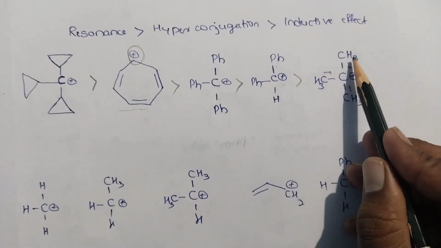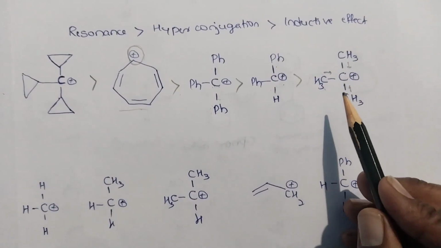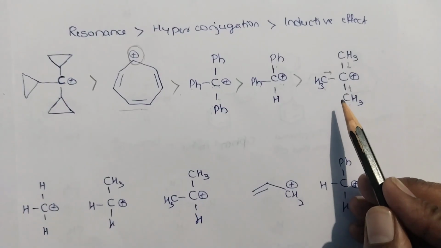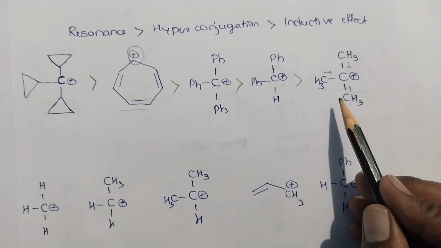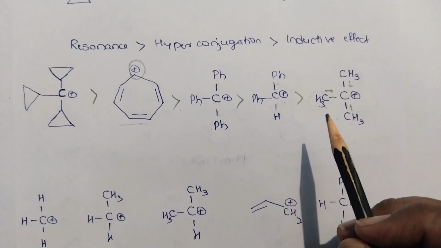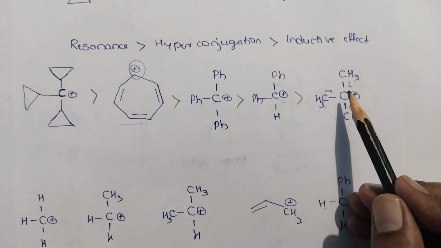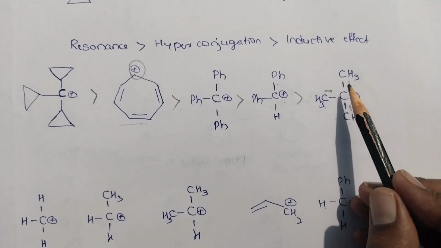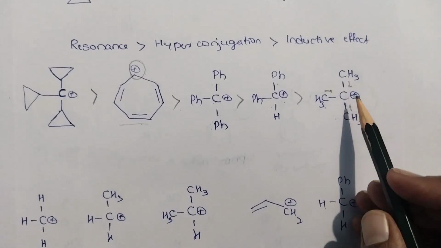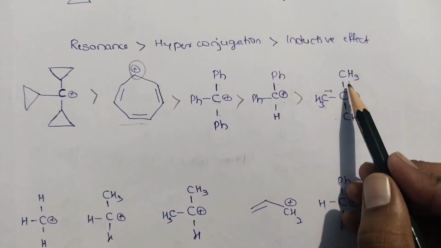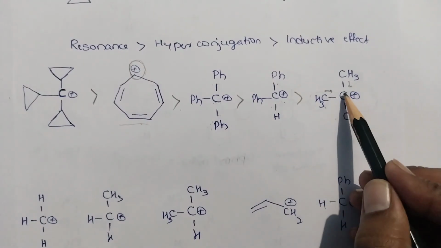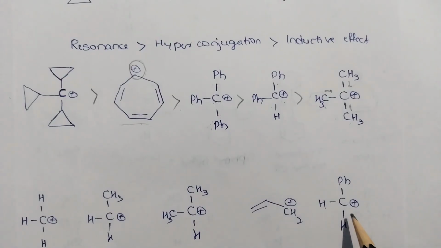Hyperconjugation means you can find 3, 3, 3, so totally 9 hyperconjugation structures for this tertiary butyl carbocation. Hence with the hyperconjugation it can also show the inductive effect, and this is more stable than this compound which shows the resonance structure.